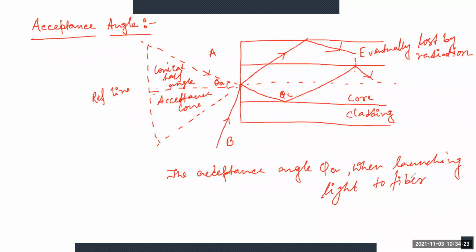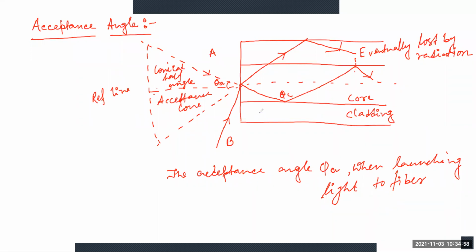Normally, this is the geometry concerned with launching a light ray into an optical fiber, which illustrates that a ray, this light ray, is at the critical angle, that is phi C, within the fiber at the core and cladding interface. This is the core part and this is the cladding part, so this is the core cladding interface.